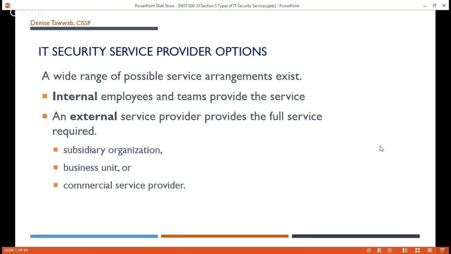If you're a large company, you could get those services from one of your subsidiaries. You could get it from another business unit within the organization, or you can go completely outside the organization and procure the IT security service from a commercial service provider. So those are your service provider options.